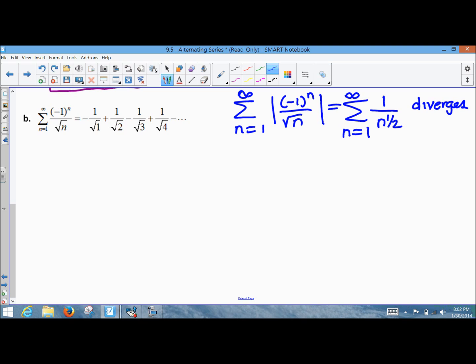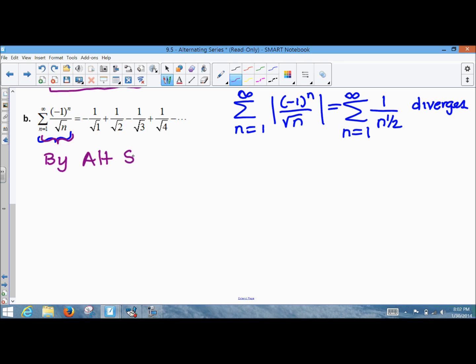Now we just test, are we going to be conditionally convergent? To show conditional convergence, you focus on what is really happening to this guy. What is his behavior? The only way to analyze an alternating series is the alternating series test.